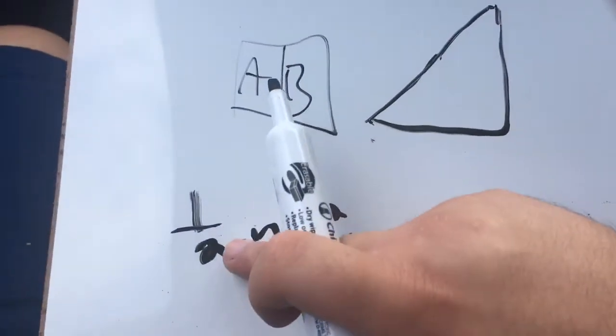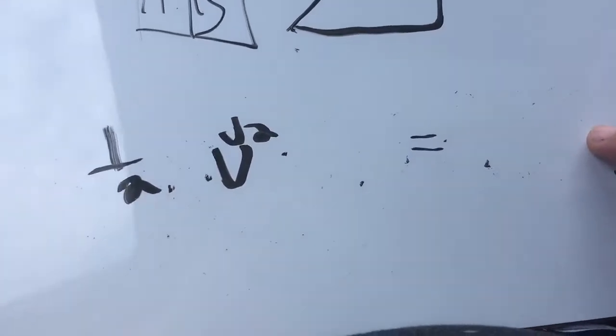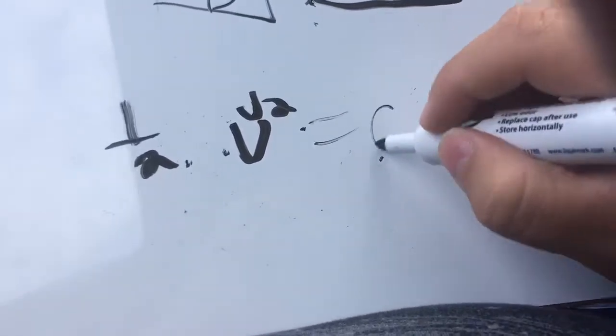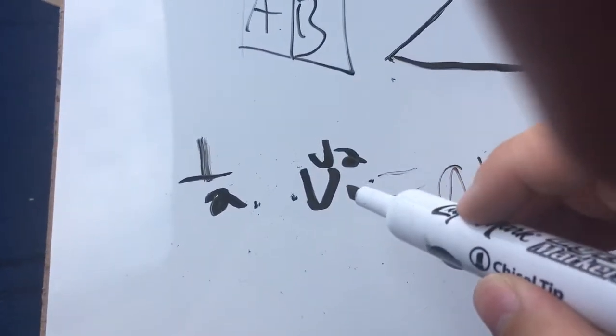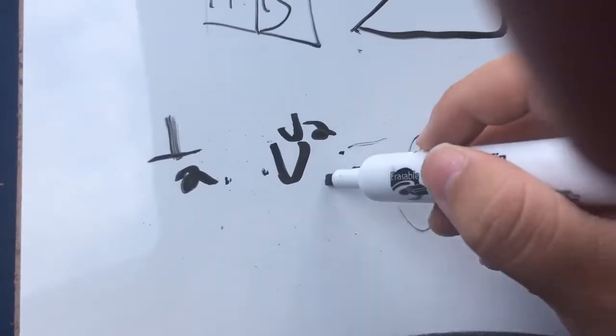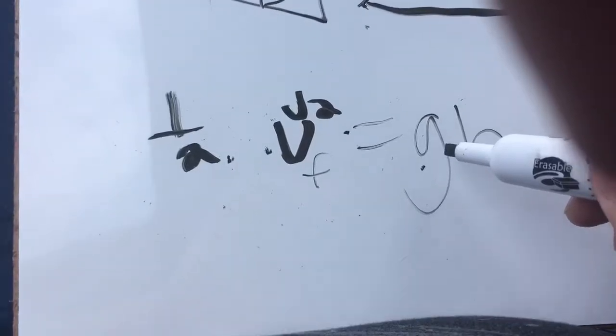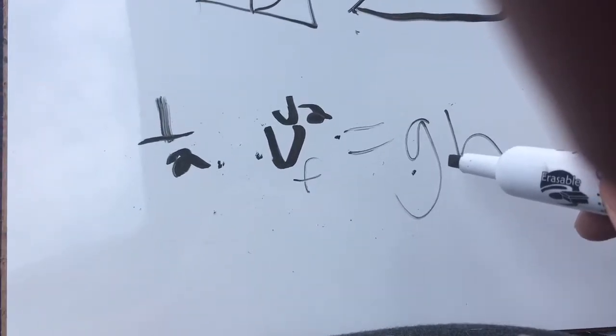So these masses cancel. Let me clean this up a little bit. So we get half v squared is equal to gh. If we know the velocity, I'm going to call it the final velocity, and we know g, which is about 9.8 meters per second squared, we can solve for h.